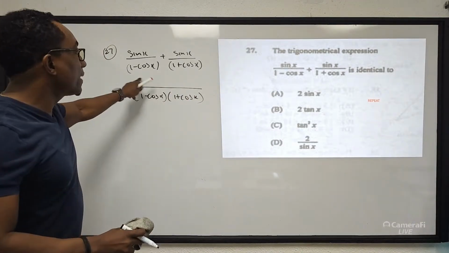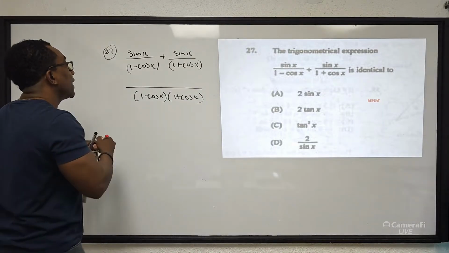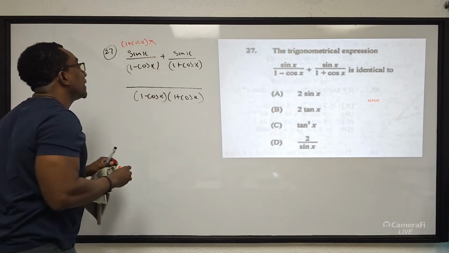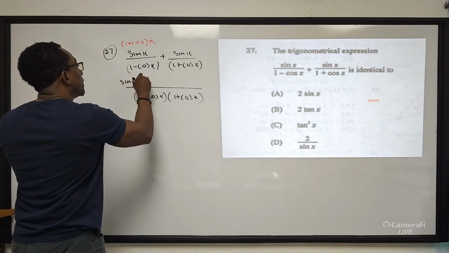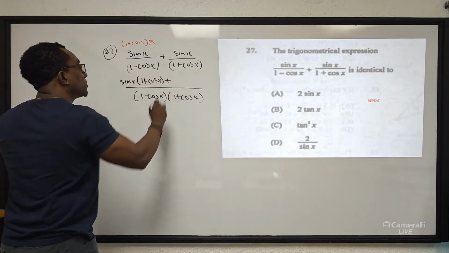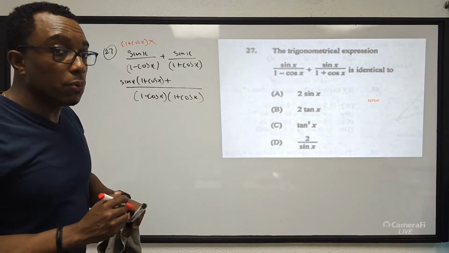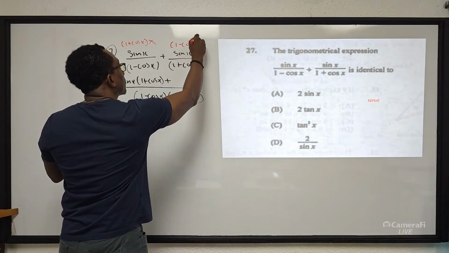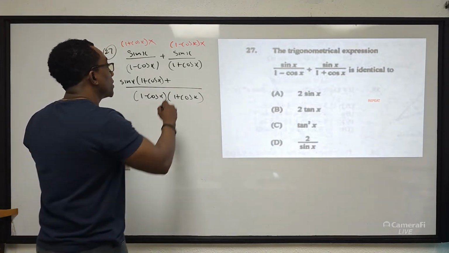So I divide 1 minus cos x into my LCM to give me 1 plus cos x, and I multiply by sine x. So I'm going to get sine x into 1 plus cos x plus, let me divide 1 plus cos x into my LCM, I'm going to get 1 minus cos x. So let me multiply sine x by 1 minus cos x.